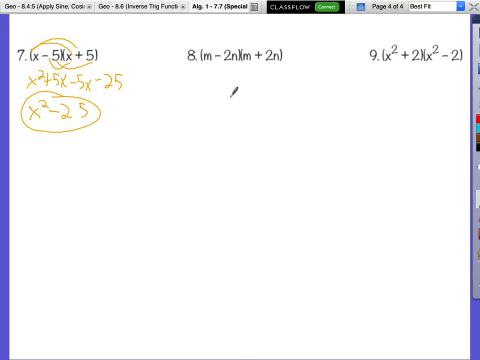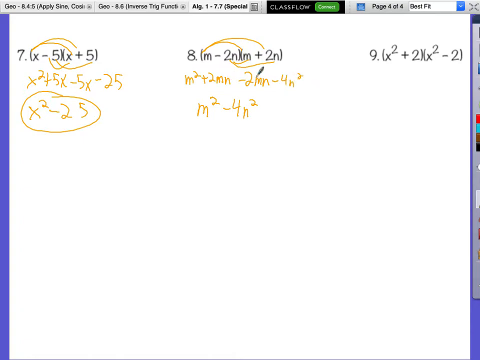On number 8, what did we end up getting? Owen, what did you get? Very good. M to the second minus 4n to the second. We end up having a plus 2mn in the middle, minus 2mn in the middle, minus 4n squared.